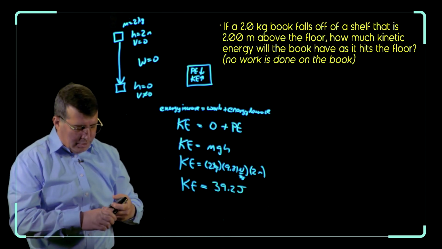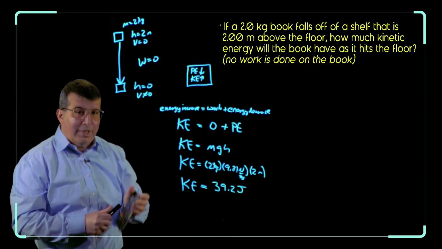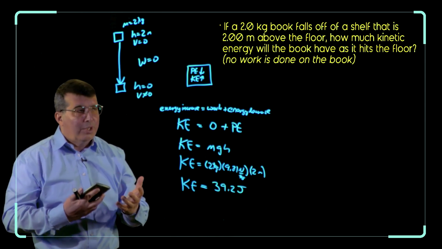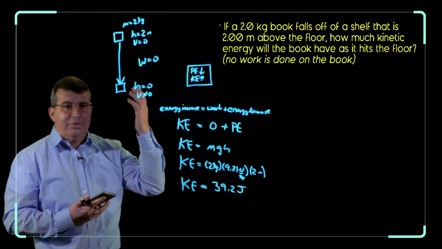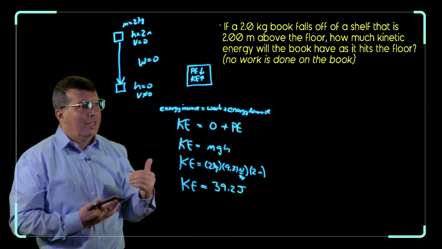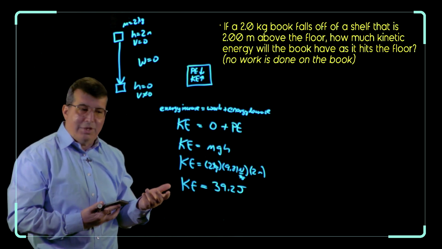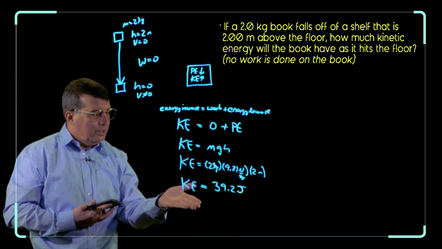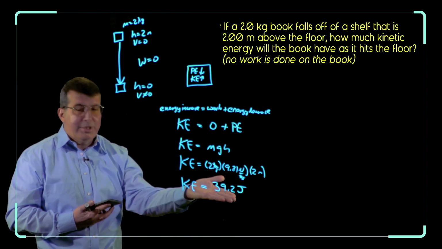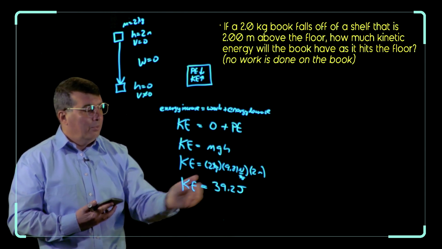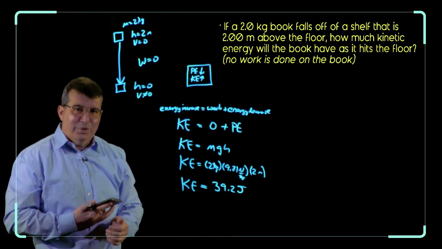So as that book falls and just before it hits the floor, its potential energy has turned into kinetic energy, or its kinetic energy is increased while its potential energy is decreased. So its kinetic energy must be equal to the potential energy that it had on the shelf, which was 39.2 joules.